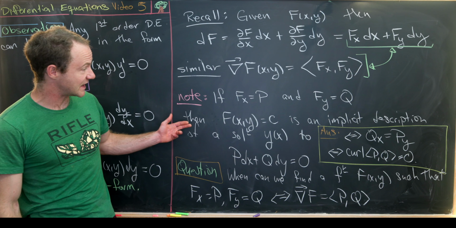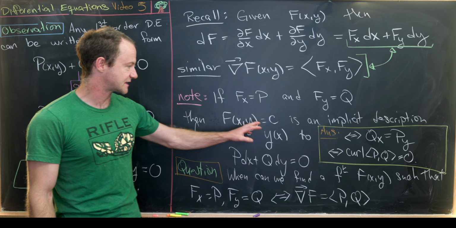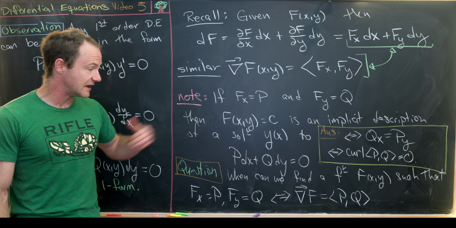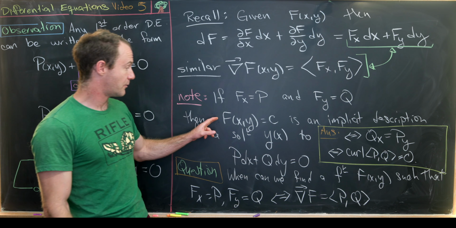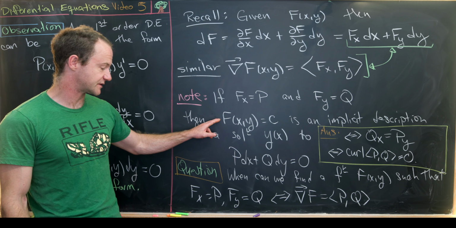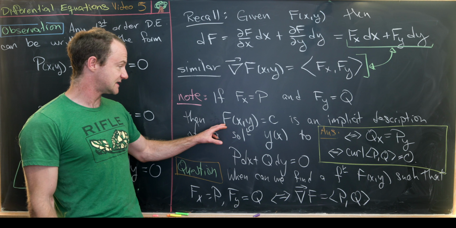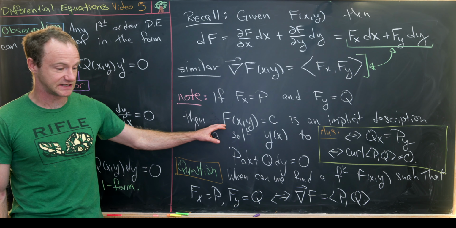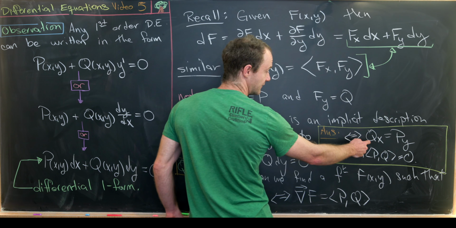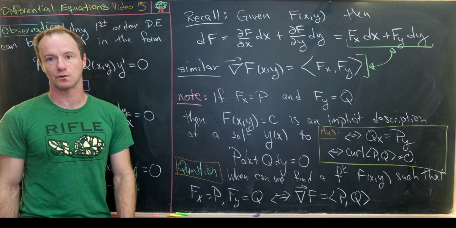And then we have a solution to that differential equation described implicitly by F(x,y) equals a constant, where this is a new two variable function F, if and only if, when we take the partial with respect to x of F, we get P, and when we take the partial with respect to y of F, we get Q. But then the existence of this function is only guaranteed, well, maybe it's exactly guaranteed, when the partial of Q with respect to x is equal to the partial of P with respect to y.